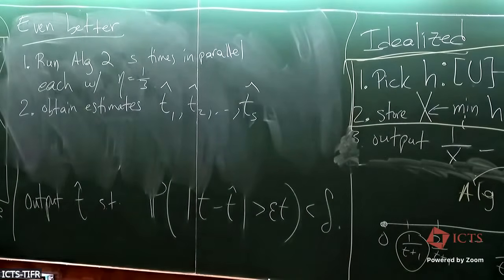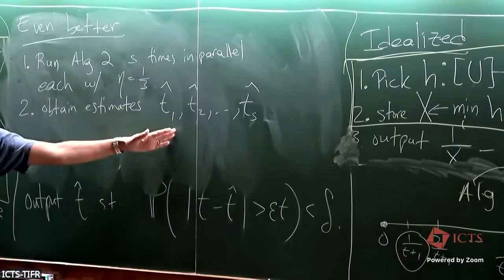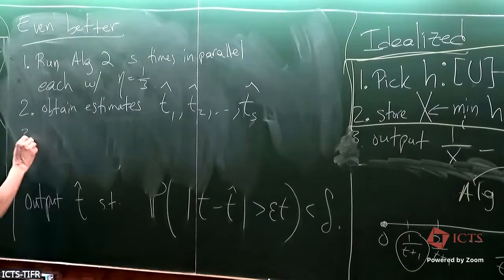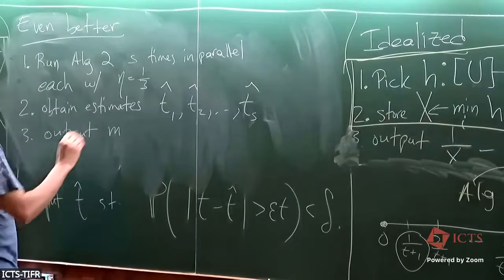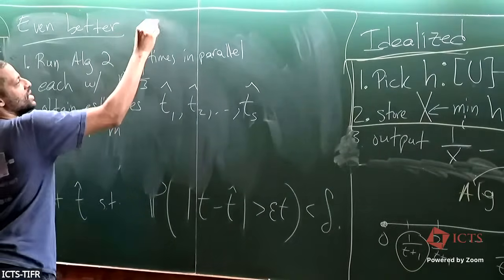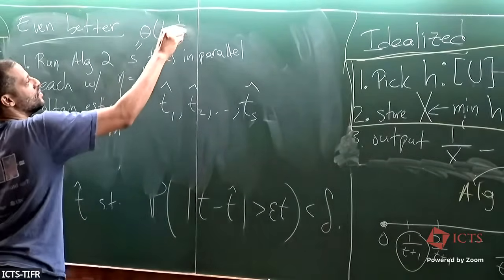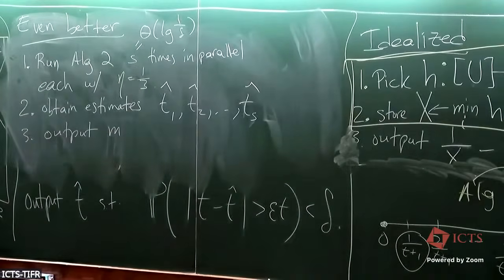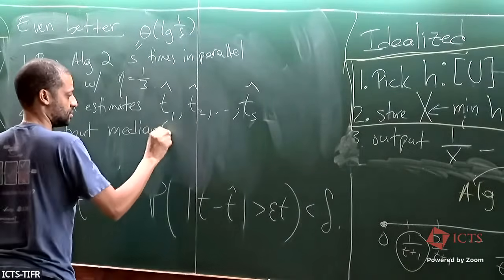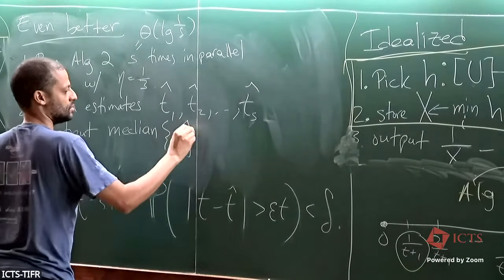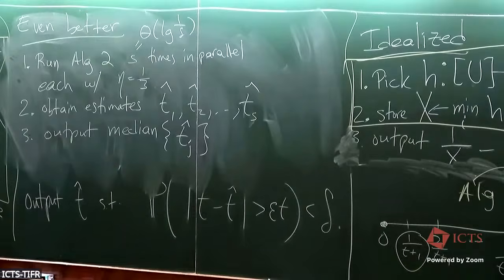Each one of my algorithm 2s gives me an estimator from step 3. And I'm going to set S to be some constant times log 1 over delta, and I'm going to output the median of these. This is algorithm 3.